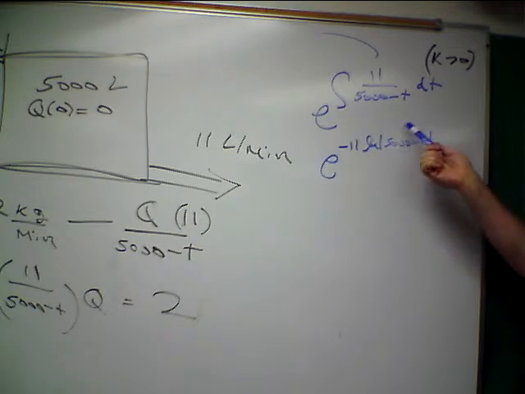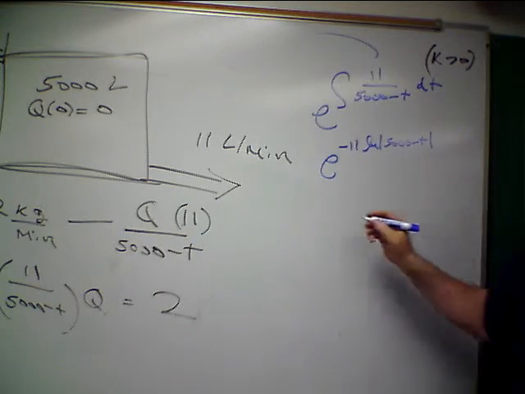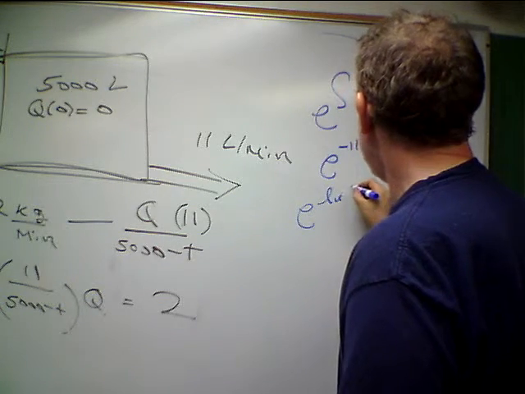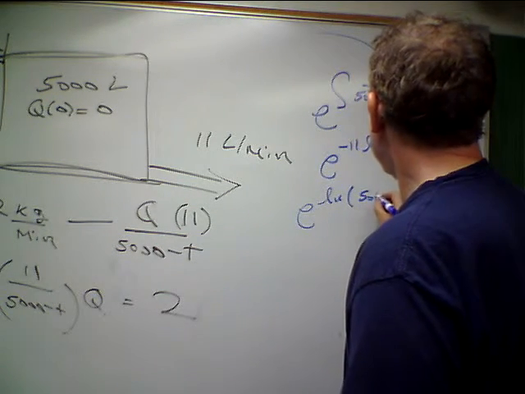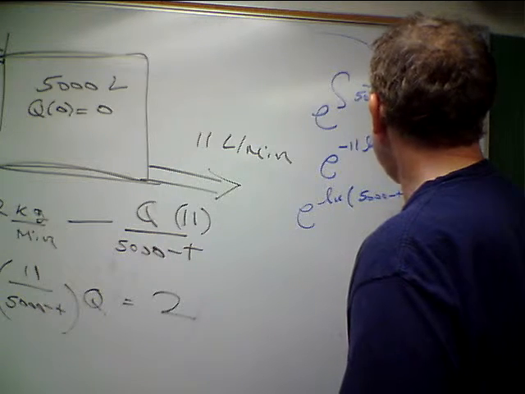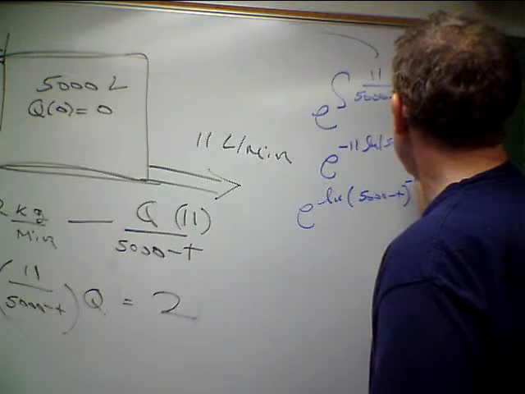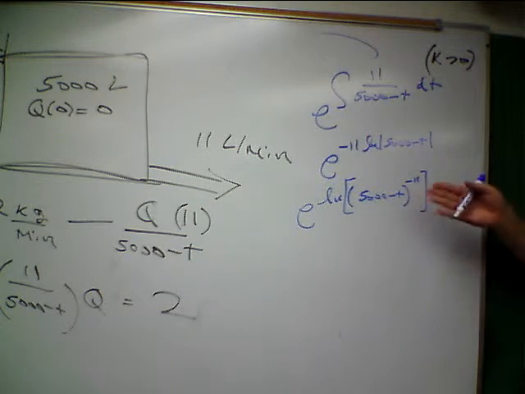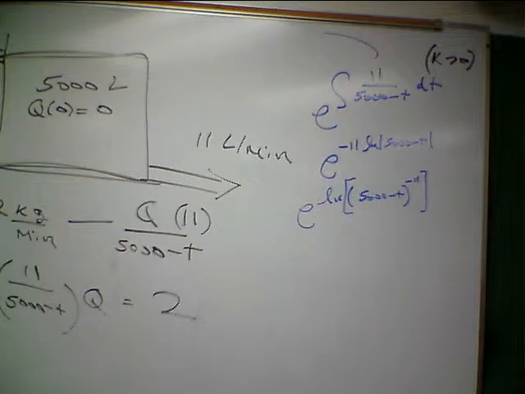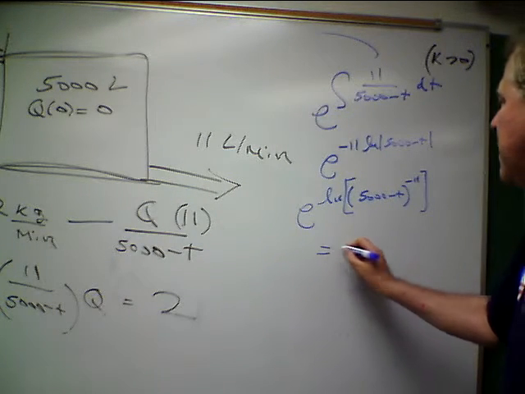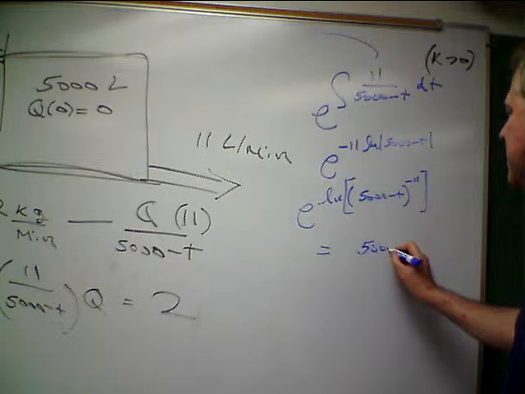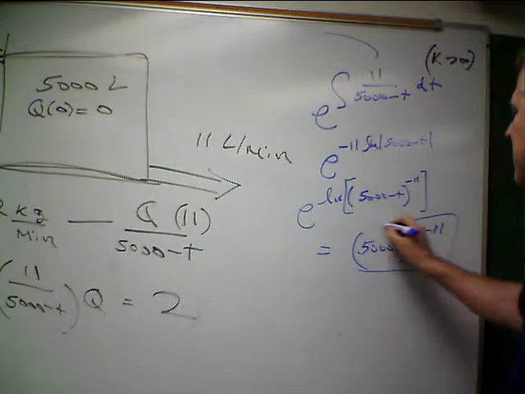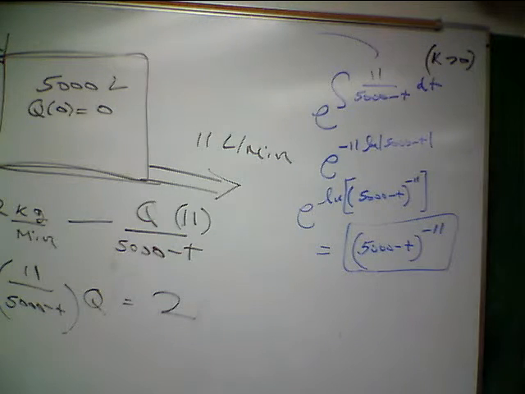We can throw it inside as an exponent. So we can make it e to the ln of 5,000 minus t raised to the negative 11 power. And now the e and the ln are wiping out. So this is just going to be 5,000 minus t to the negative 11. So that's going to be the integrating factor.